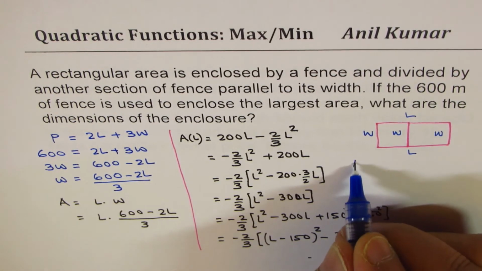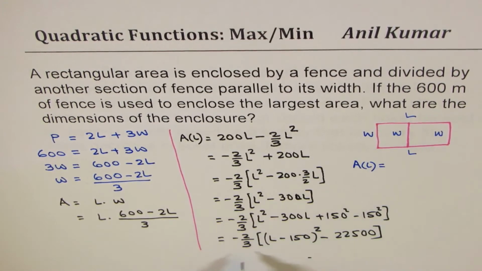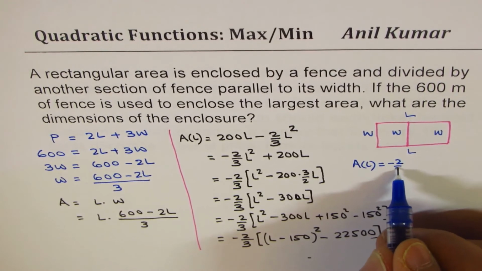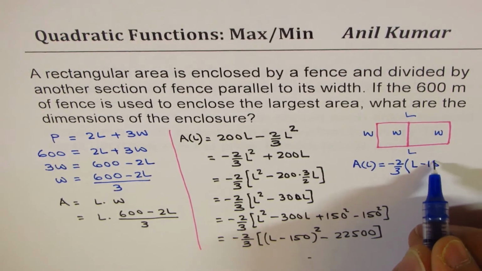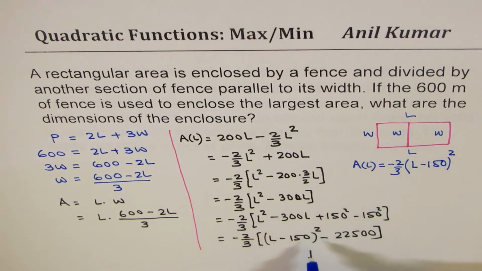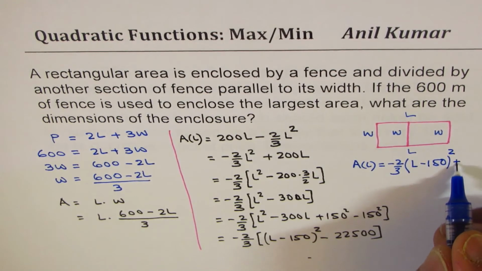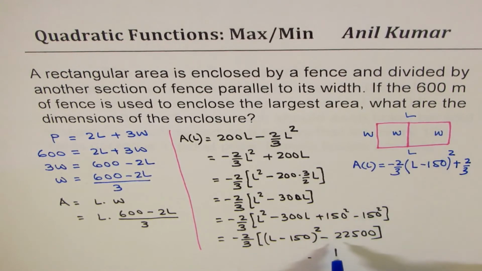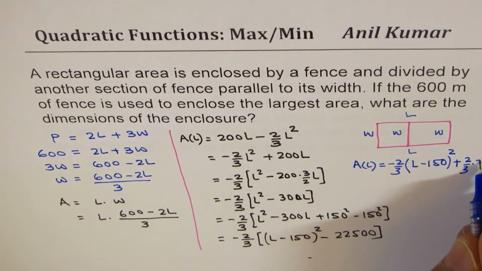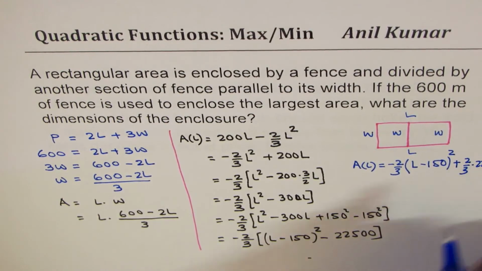So we have area as a function of length as equals to minus 2 over 3 L minus 150 whole square. Minus minus becomes positive, 2/3 of 22,500. Correct?